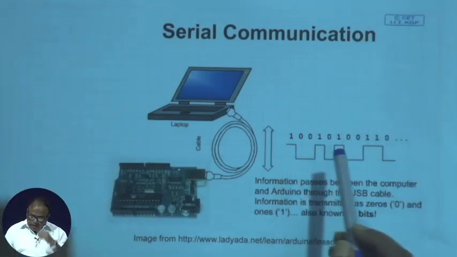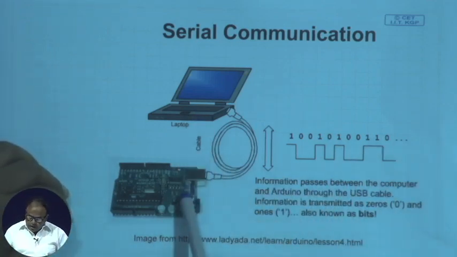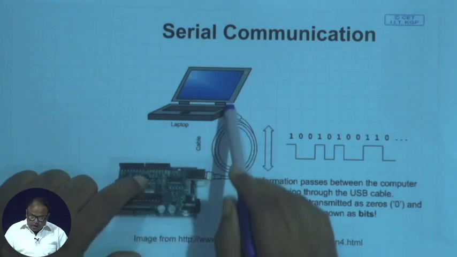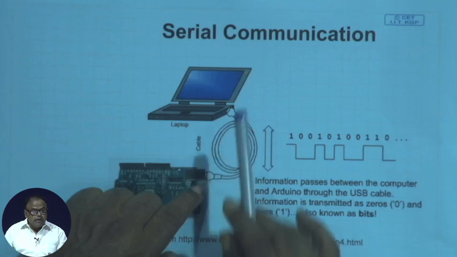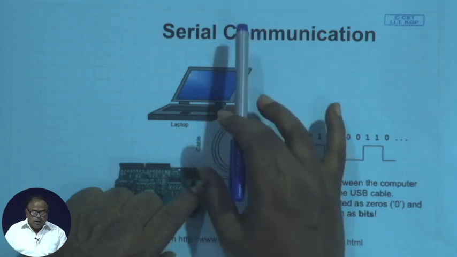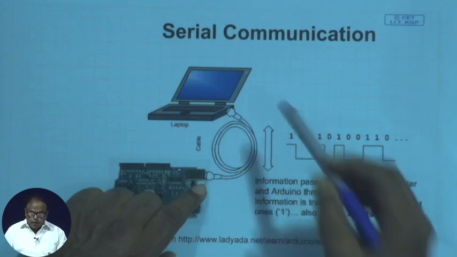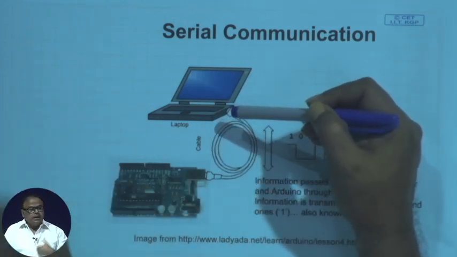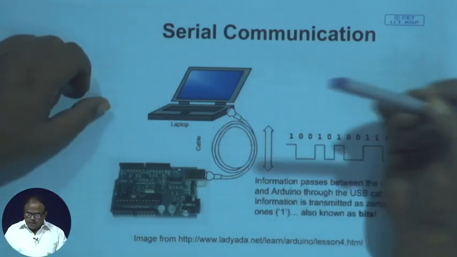Now, in serial communication, as we can see, information passes between the computer and the other host through the USB cable. Here it is shown as a USB, but it can also be in a serial mode. Now, the USB protocol is a little more complex, so whenever we have something serial, a serial to USB conversion is required. For that, there are separate chips available.